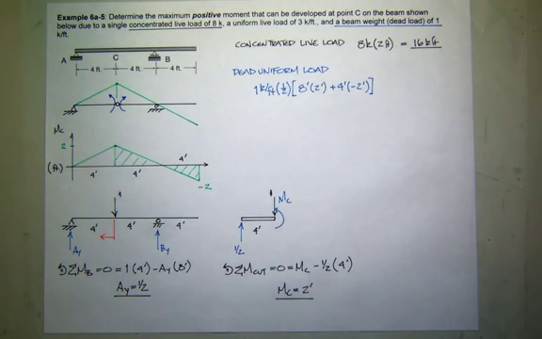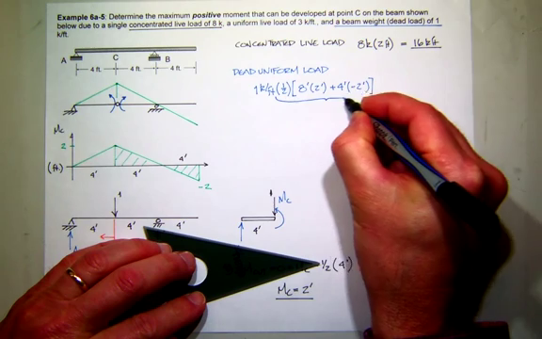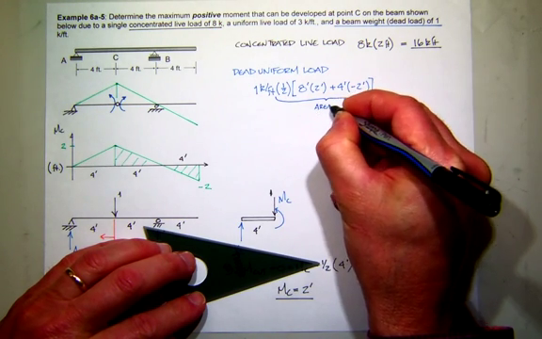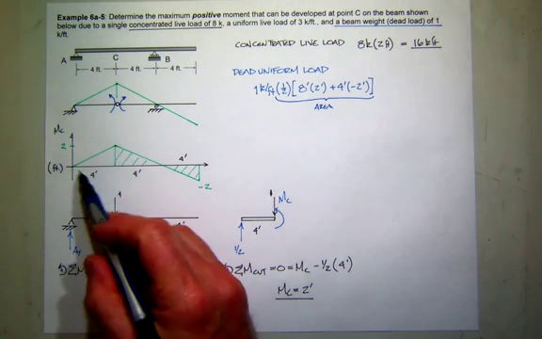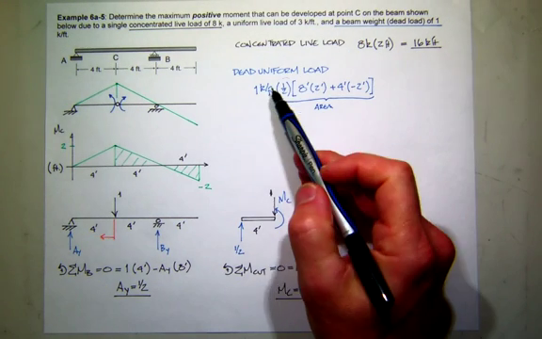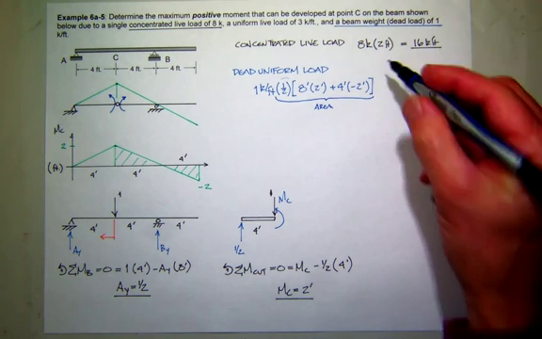Everybody see that? So this part here is simply just the area under this curve. Which curve? The influence line. So the intensity of the unit load times the area of the curve.